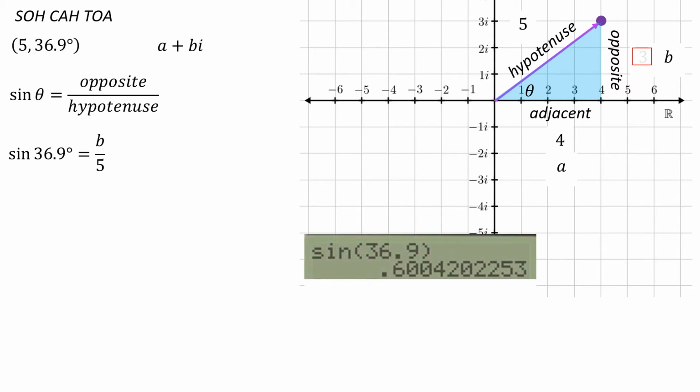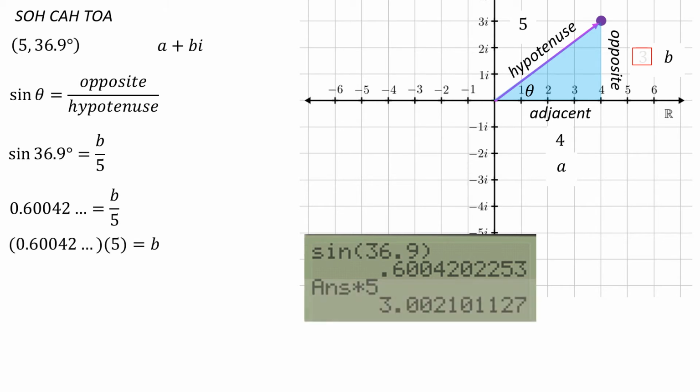So the sine of 36.9 degrees is very close to 0.6. And when we multiply that by 5, we get an answer very, very close to 3. And of course, that's what we should have, right? Because we started with 4 plus 3i. So indeed, that opposite side of the triangle should have a value of 3.